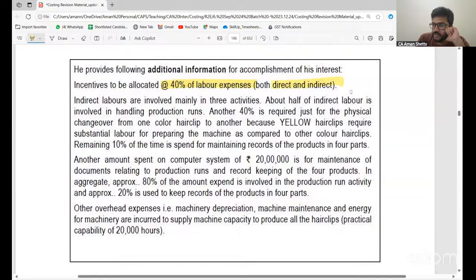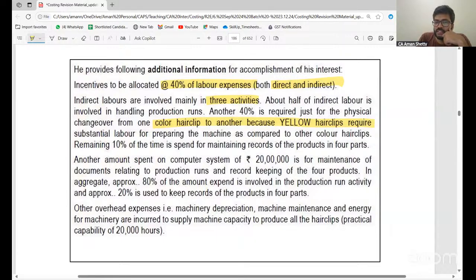Indirect labors are involved mainly in 3 activities. About half of indirect labor is involved in handling production runs. Another 40% is required just for the physical changeover from one color hair clip to another, because yellow hair clips require substantial labor for preparing the machine as compared to other color hair clips.